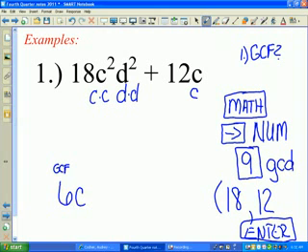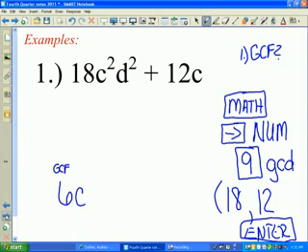The other one, we have 2 d's here, but we don't have any d's here. So how many d's do those terms have in common? None. So right now, my greatest common factor is 6c. So that was that first step.